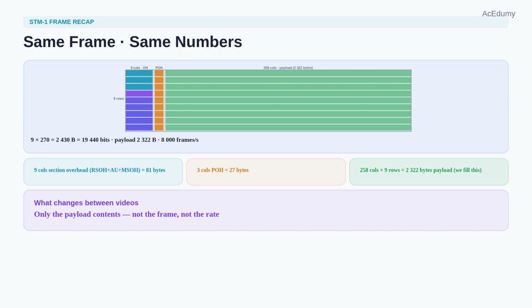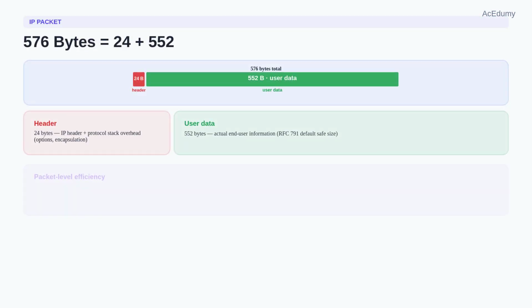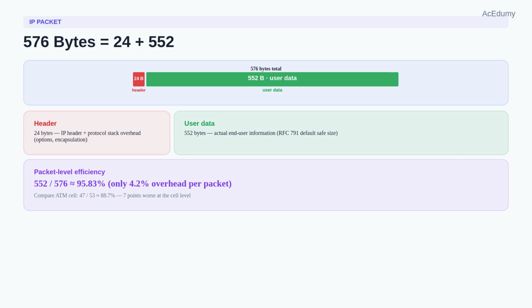And the frame still runs at 8,000 frames per second, 125 microseconds each. These numbers do not change between videos, only the way we slice up the payload changes. Now the IP packet, 576 bytes total.